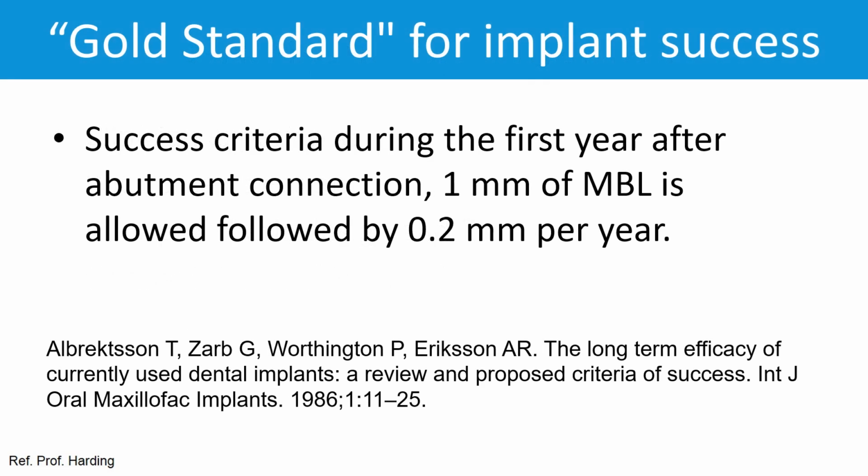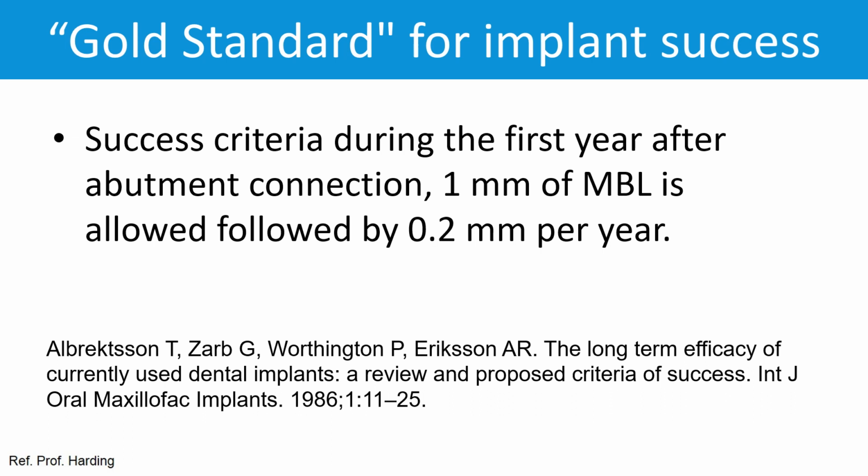So now, what are the success criteria for osseointegration? Well, Albrektsson in '86 published success criteria during the first year after abutment connection. 1 mm of marginal bone loss is allowed, followed by 0.2 mm per year thereafter.